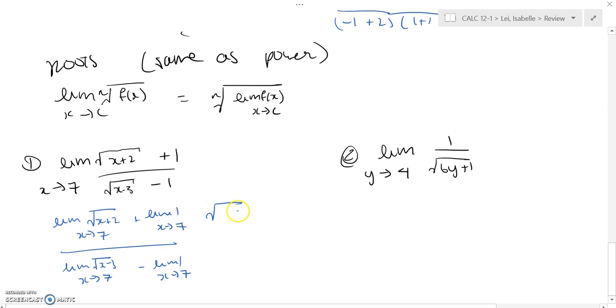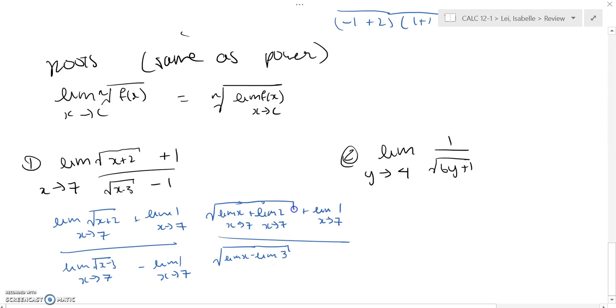So this becomes the whole root of the limit of x plus the limit of 2 as x approaches 7 plus the limit of 1 as x approaches 7, all divided by the square root of the limit of x minus the limit of 3 as x approaches 7, minus the limit of 1 as x approaches 7.